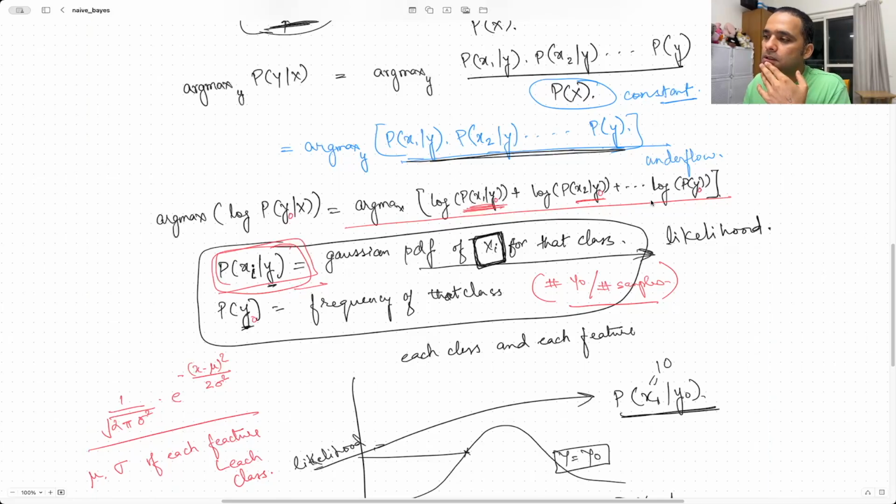So this is the expression that we need to calculate. This we can directly extract, we have already calculated it. So we are going to next calculate this part, the likelihood of each feature for that particular class, given that class, for that sample.